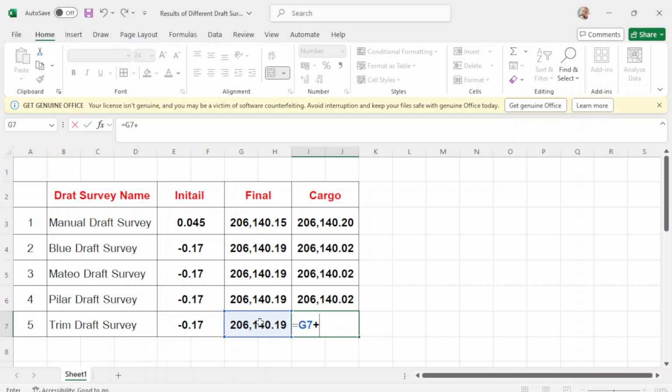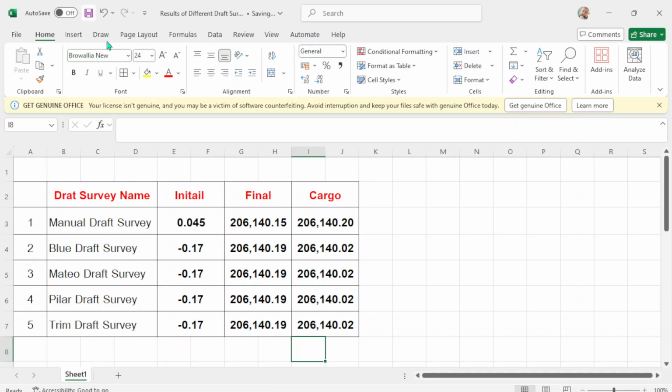Take note, guys. All draft surveys that I made have the same cargo, with a small difference, so they are accurate. What I'm trying to impose here is that if you have a draft survey, you have some comparisons.